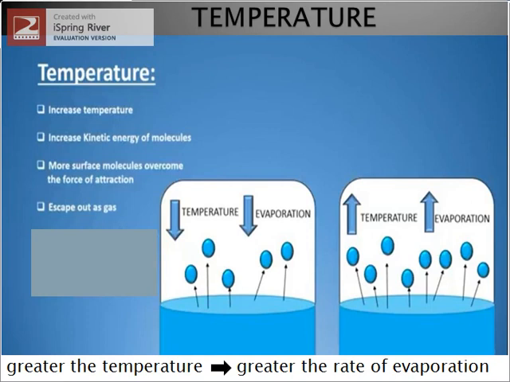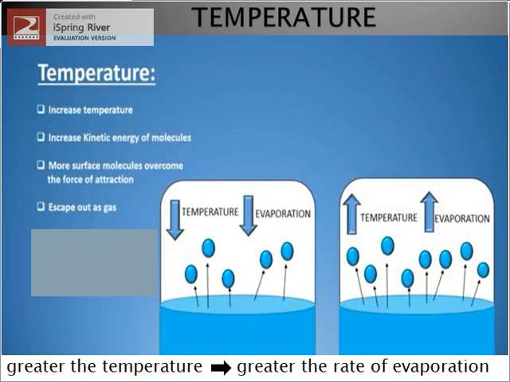Secondly, how temperature affects the rate of evaporation. On increasing temperature, more liquid particles will get enough kinetic energy to change from the liquid state to the vapor state. Thus, increasing temperature will increase the kinetic energy of the molecules.